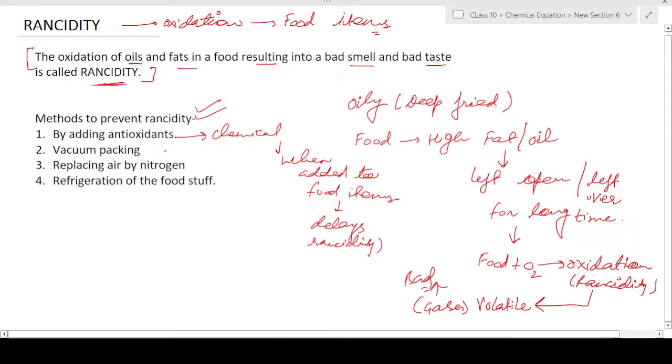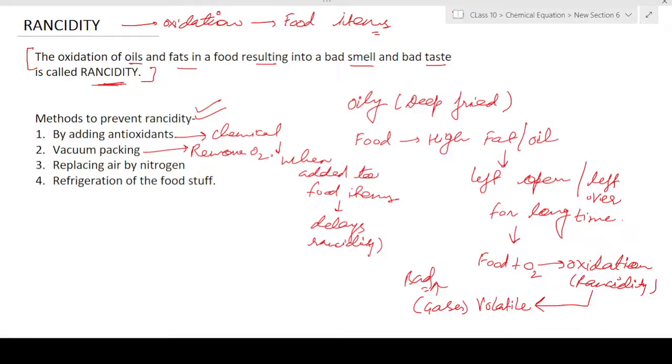Similarly, vacuum packing is also a method where we remove oxygen. When the food item is getting packed, we put it inside the packaging material and then we suck out the air from it. That is called vacuum packing. The food packet does not have any oxygen inside it, and thus the oxidation of the food can be prevented.